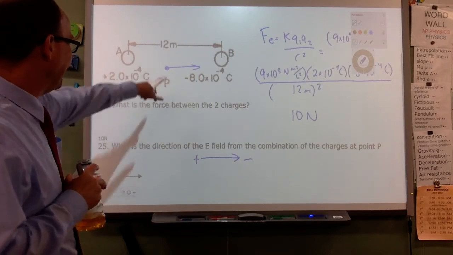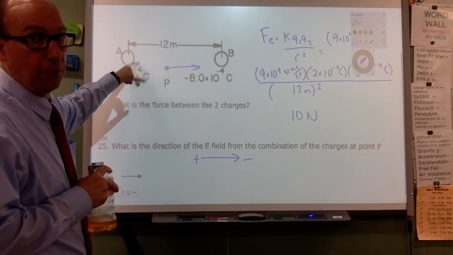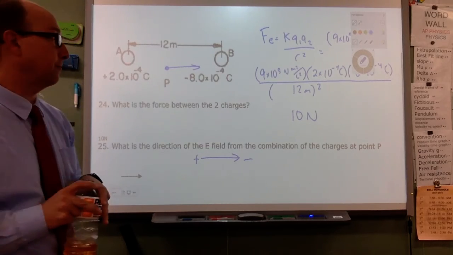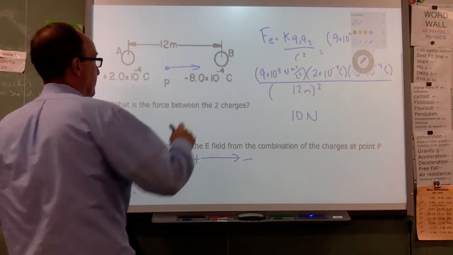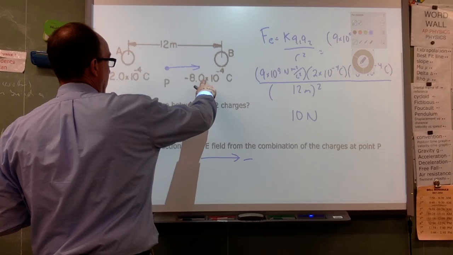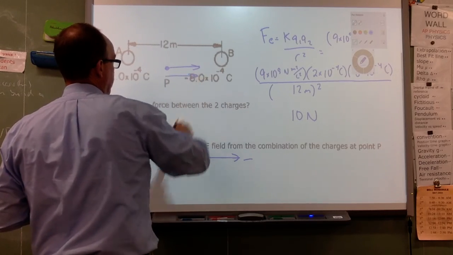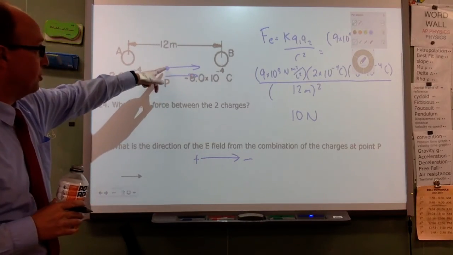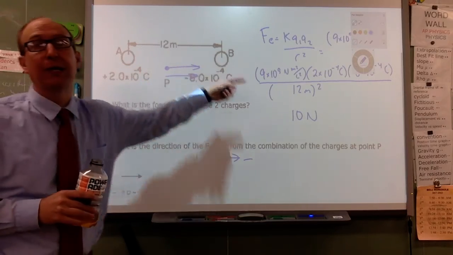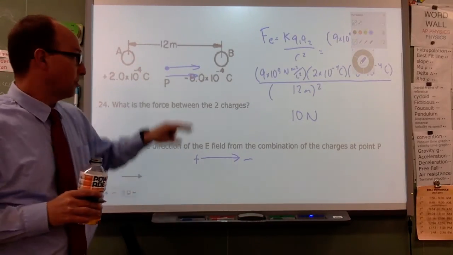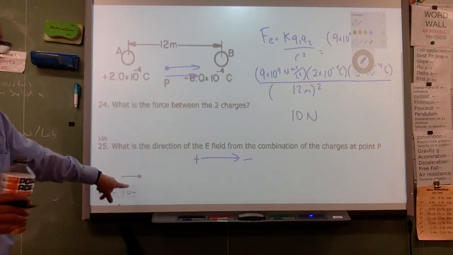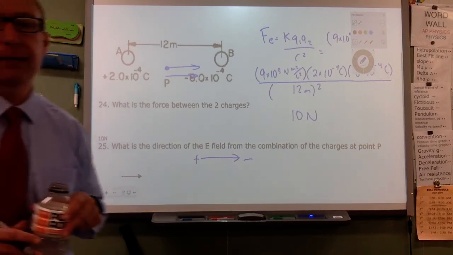A small positive test charge would feel a force pushing it away from the positive one. The electric field from the negative one is also going to be to the right. A small positive test charge would feel a force pulling it towards the negative charge. So these are both going to the right. The combination of the two would make them to the right.